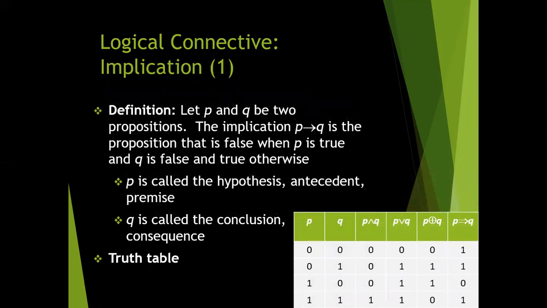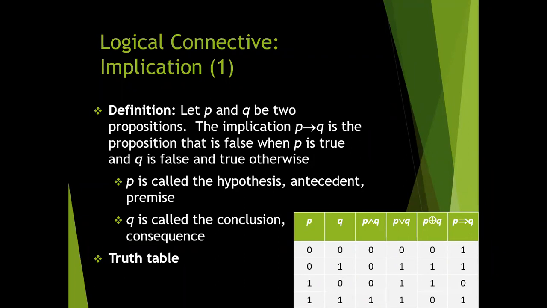Now the next connective is known as the implication, or the conditional. Let P and Q be two propositions. The implication P implies Q, which we read in mathematical logic as P conditional Q, is the proposition that is false when P is true and Q is false, and true otherwise.